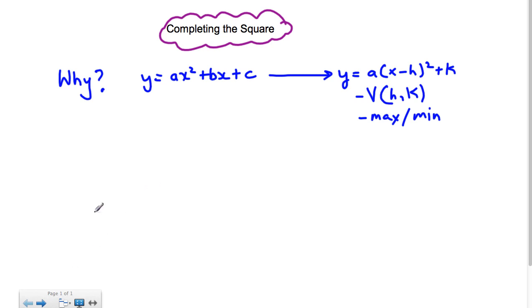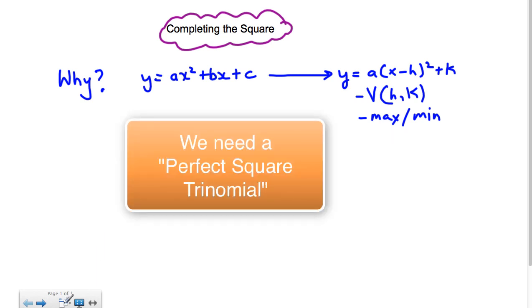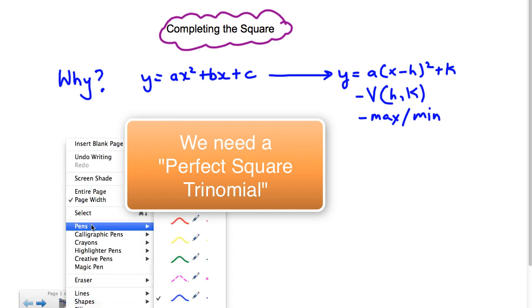Okay, so when we complete the square, in order to get it into this form, we need to add in some value that's going to give us a perfect square trinomial. Right? So let's just remind ourselves what a perfect square trinomial is.